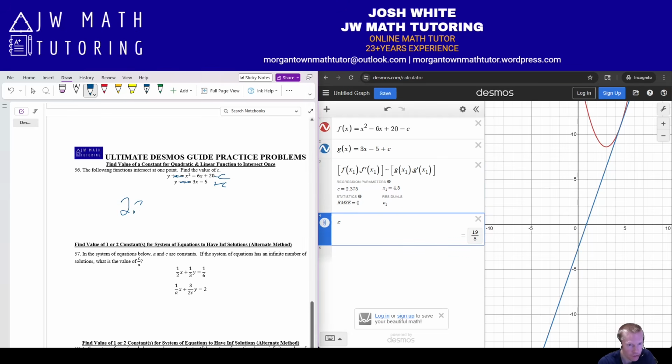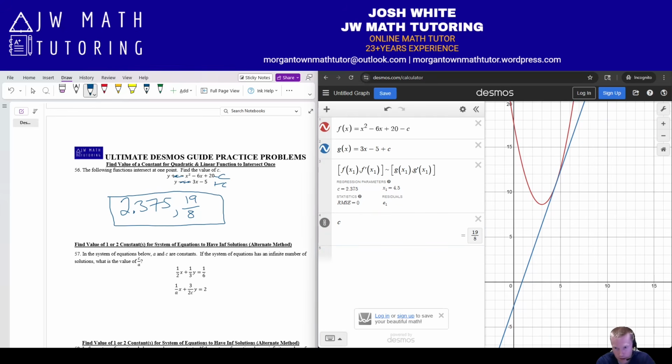So the correct answer for this is 2.375, or as a fraction, 19 over 8. And also here, the x1 is 4.5, and you can just see here, yes, it's at 4.5. That is basically the x value for the intersection point where these two graphs intersect one time.